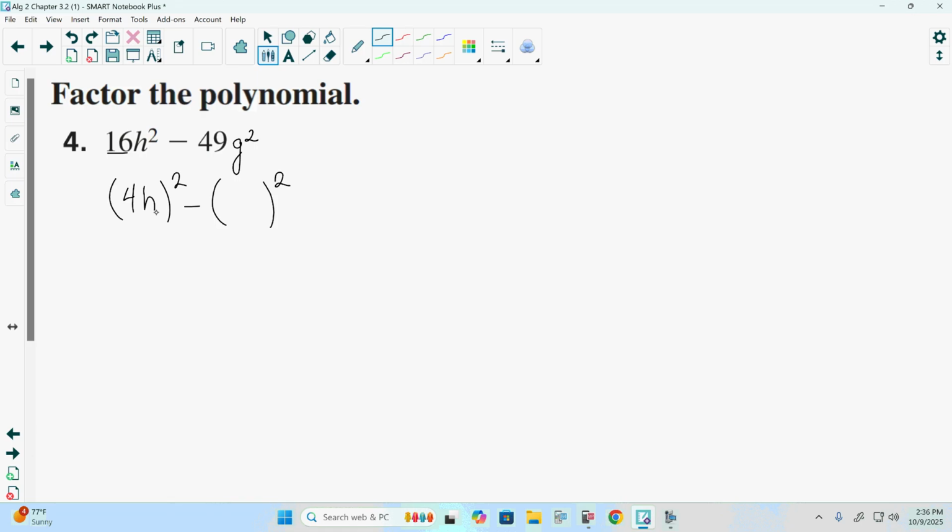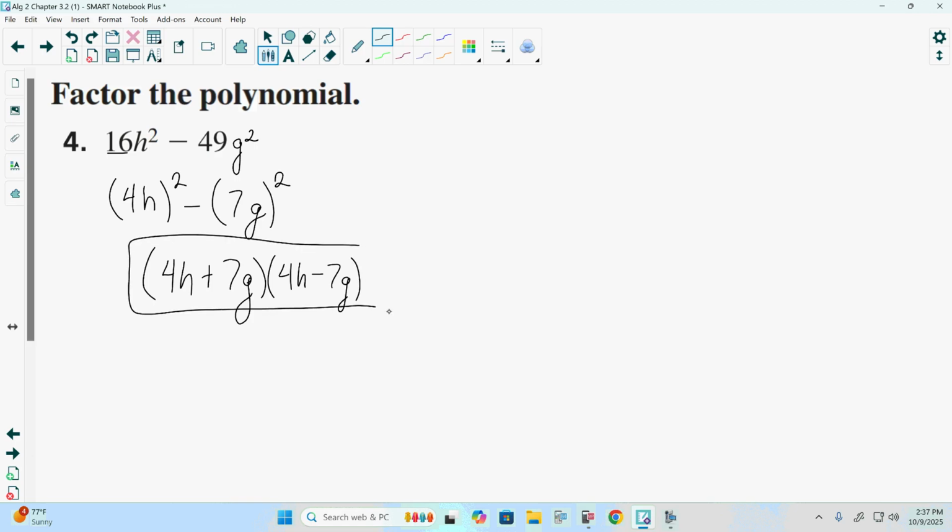What times itself is 49? 7. And g squared would be? g. So we would get 4h plus 7g times 4h minus 7g. Questions on this here?